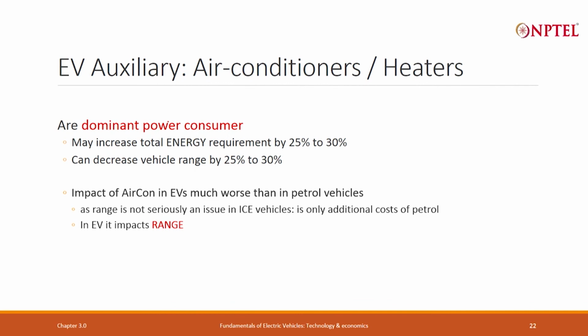Till we figure out a way of almost instantaneously charging the battery in a few minutes, like the way we fill petrol, you have to worry about it, and therefore you will rather spend money to make an air conditioner more energy efficient. It will help you reduce the battery size and save you money there.